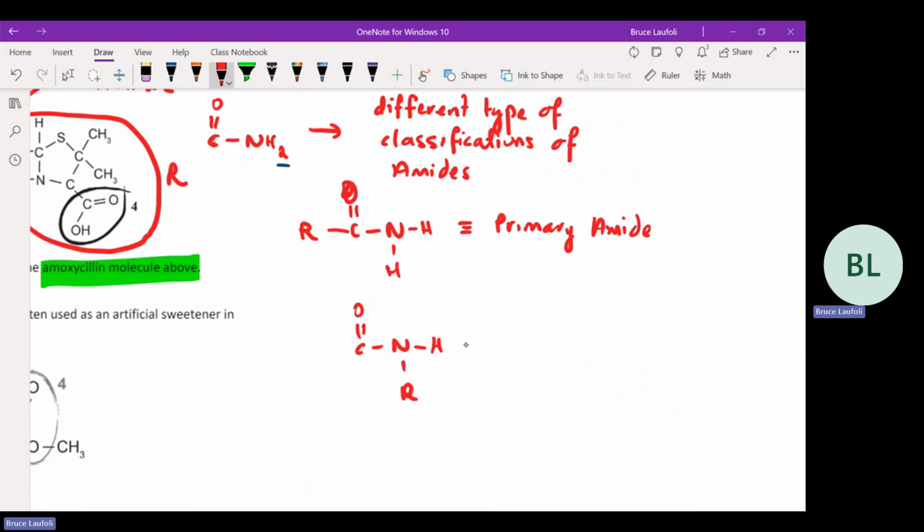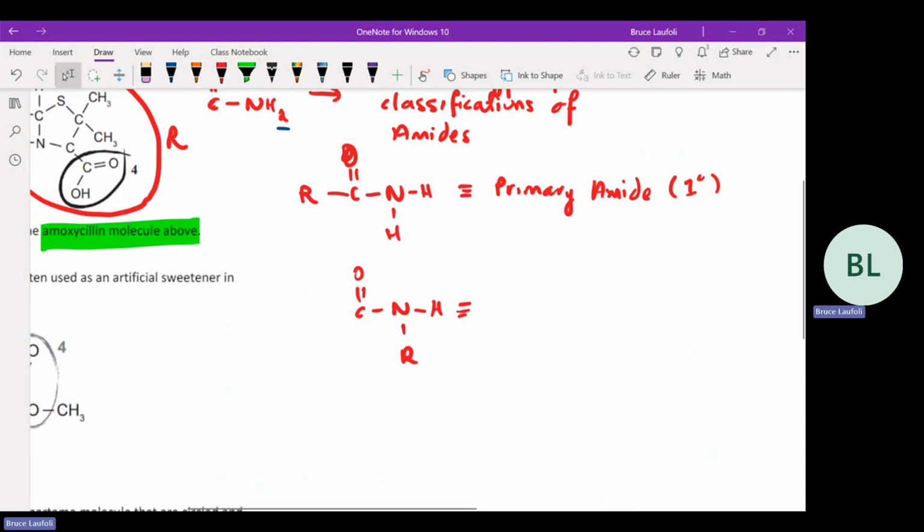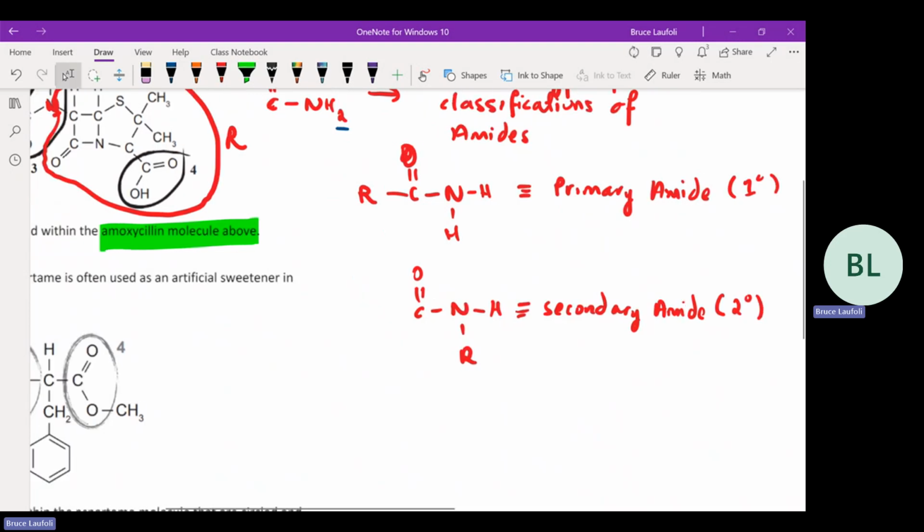We classify that as a secondary amide. Sorry, I should denote that: that's how you denote primary, and this is called a secondary amide, with a little degree sign at the top.